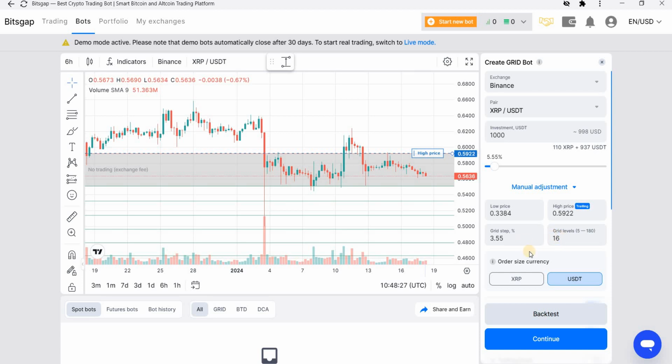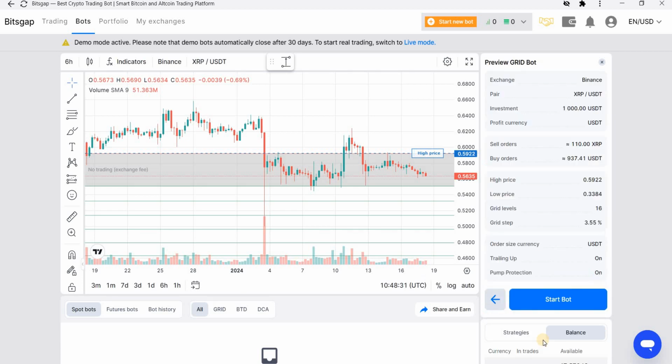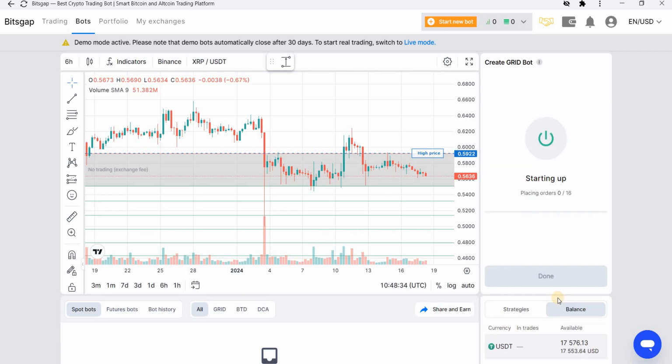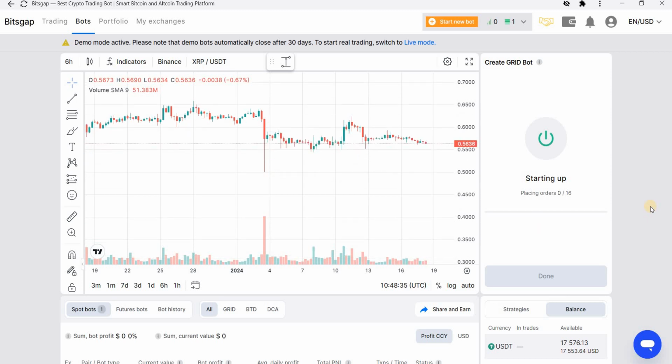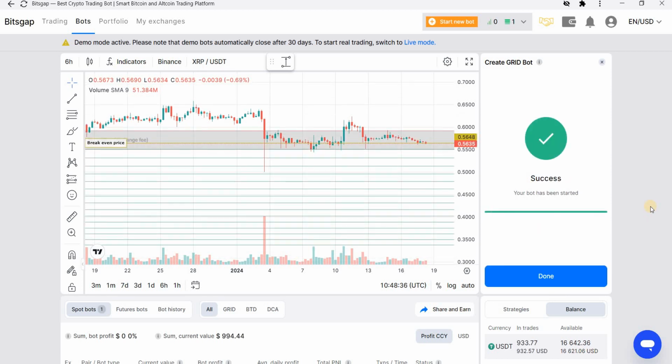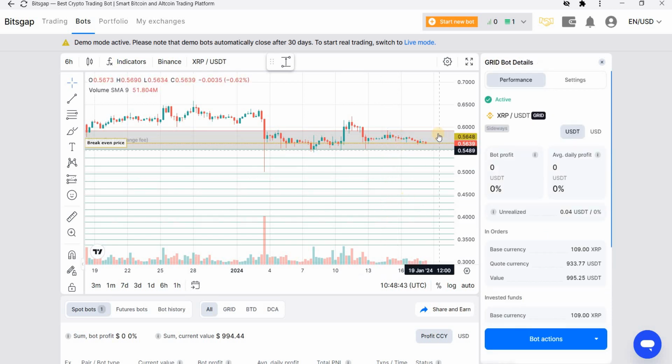And what I'll do is then go continue and start bot. So what it's done now, it's got everything set up, and you can now see the grid lines here. So we've got one red line above and then the green grid lines below.